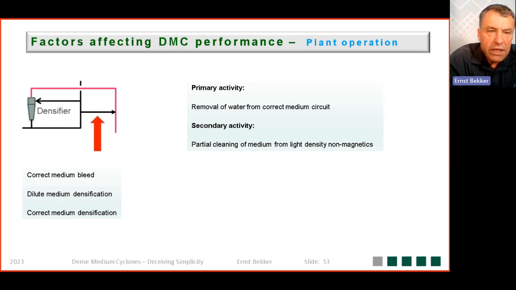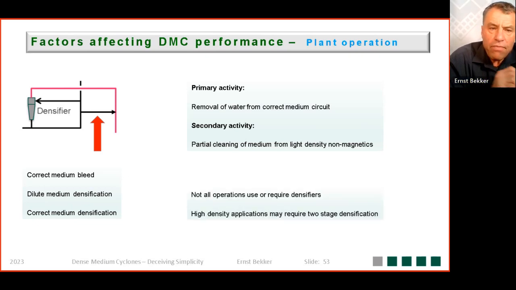The correct medium bleed is sometimes inconsistent, and that also influences the performance of the magnetic separator. Then you can have a densification activity on the dilute medium circuit, or you can have a densification activity on the correct medium densification. Most of the densification circuits are on the correct medium circuit.